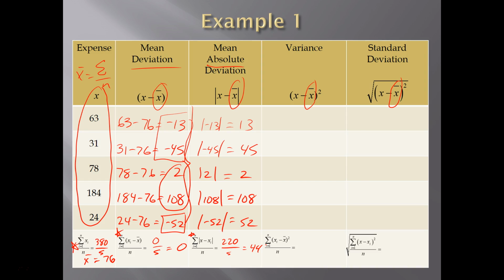If I took the distance between 63 and the mean, 31 and the mean, 78 and the mean, 184 and the mean, 24 and the mean, on average, those numbers will be an amount 44 away from the mean.